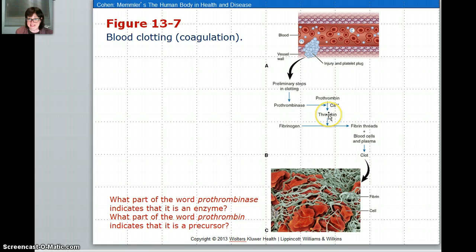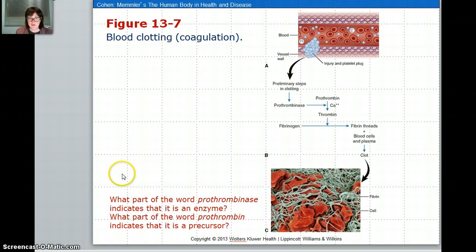Thrombin now acts as the enzyme to convert fibrinogen into these fibrin threads. Fibrin will then form these threads, and as they are forming these threads, the cells will get caught in the threads. So that will create the platelet plug. Then later on, more cells come in and you end up with clotting.